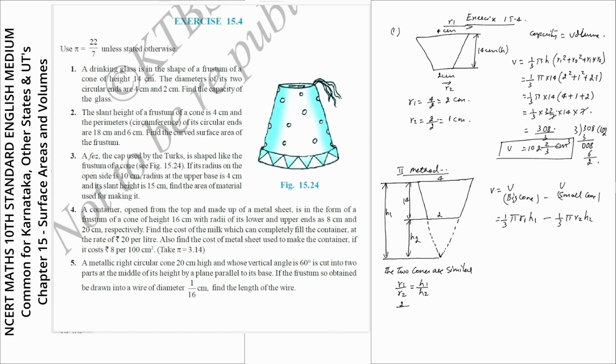So 2, r2 is 1 centimeter. So this is equal to h1 by h2. So when we cross multiply, I'll get 2 h2 is equal to 1 into h1, which is h1. Okay, 2 h2 will be equal to h1. Now I'll mark this as 1.